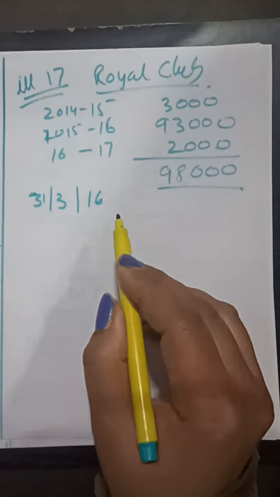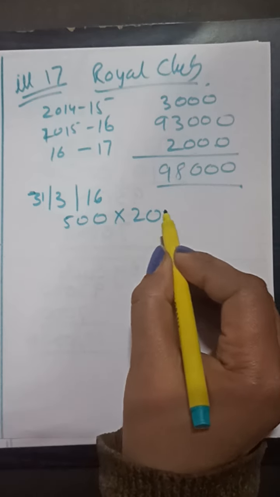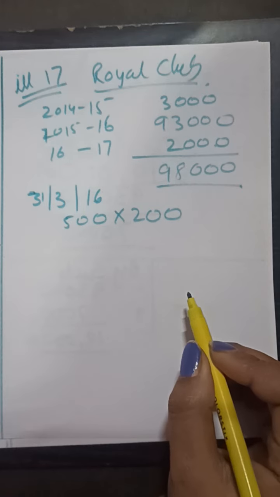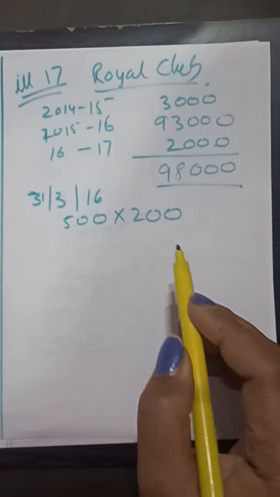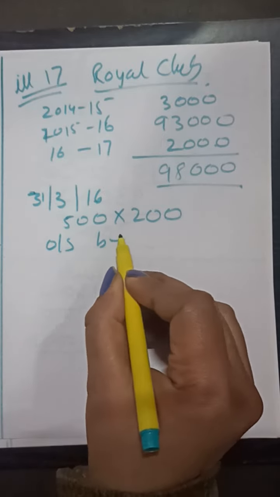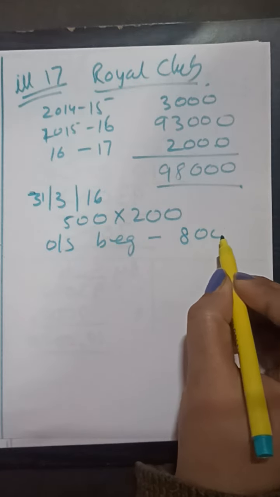The question says that the club has 500 members, each paying an annual subscription of 200. Subscriptions outstanding as on 31st March 2015, outstanding at the beginning, are rupees 8,000.